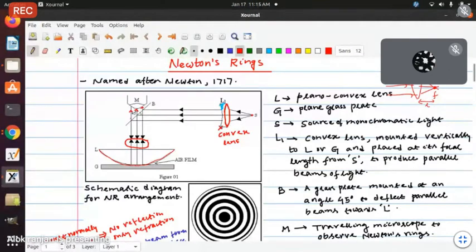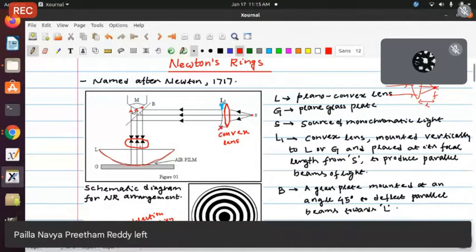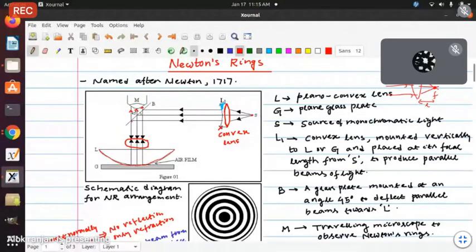Since we know that reflection and refraction will occur, some portion will get reflected and travel downward. If the angle between the incoming set of parallel beams and this plain glass plate, namely B, is roughly 45 degrees, then it will be reflected vertically, and some portion will get transmitted.